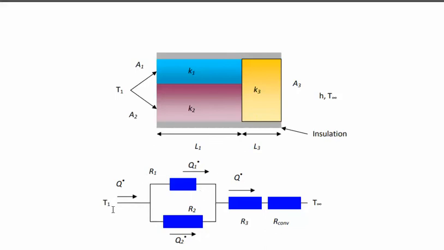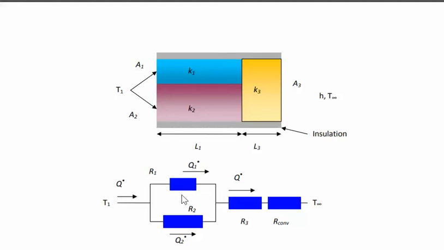Heat will enter the network with the temperature T1, and the first body, that is the area, will resist the heat Q1, and from the resistance 2 it will give the value Q2.